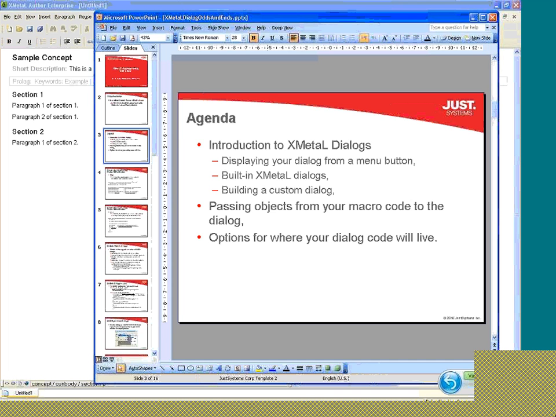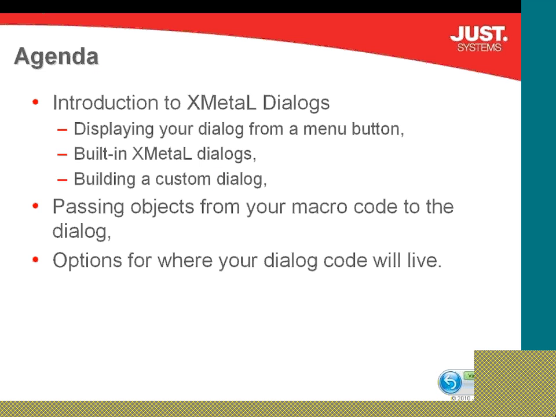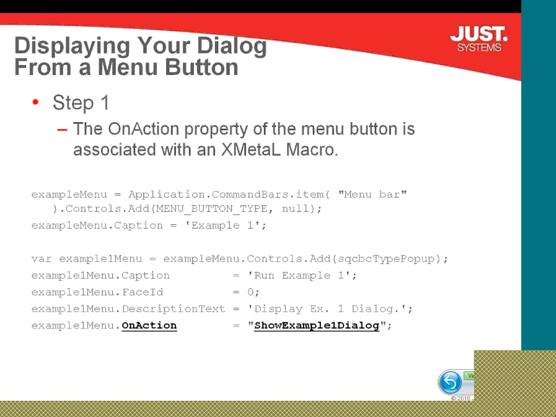Okay, so let's go back to the slides here. The first thing we wanted to talk about was how do you display a dialog from a menu item. What I'm showing you here is some script code that would be used to add a menu to the menu bar at the top of XMetaL Author.